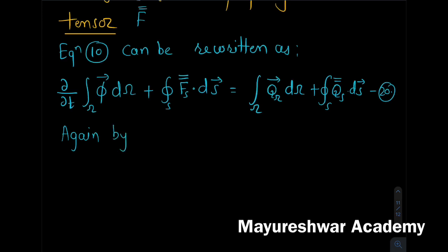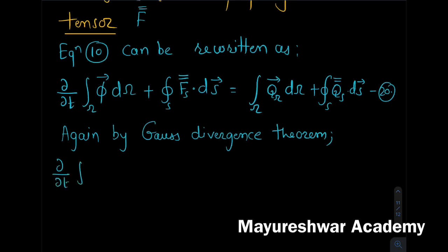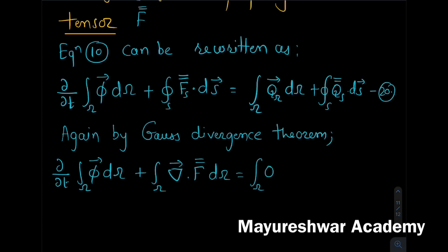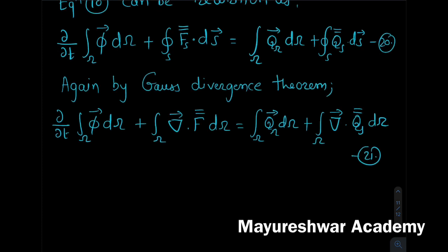Again, by applying the Gauss divergence theorem, we can deduce the differential form. So we can write d/dt of omega integral phi d omega plus omega integral of del bar dot F bar d omega is equal to omega integral q omega bar d omega plus omega integral of del bar dot qs double bar d omega. So this is 21.